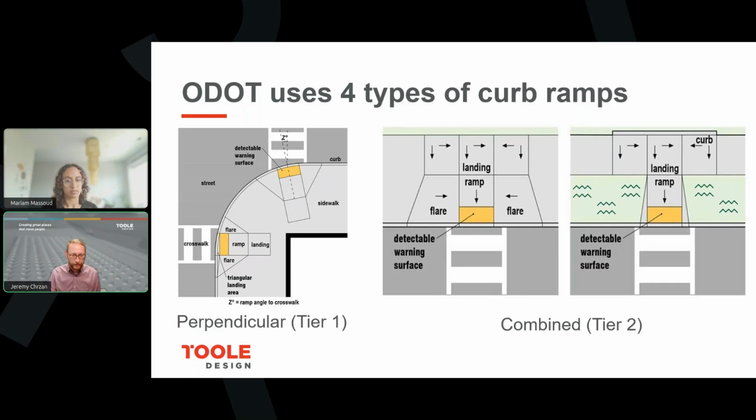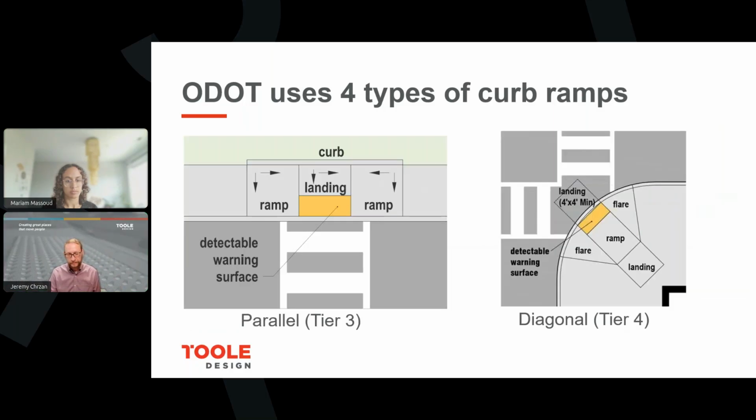But tier 2 is a combination of multiple curb ramp types. Tier 3 is a parallel style curb ramp where all the ramping is occurring in line with the sidewalk, and then the landing itself is serving as the transition into the street.